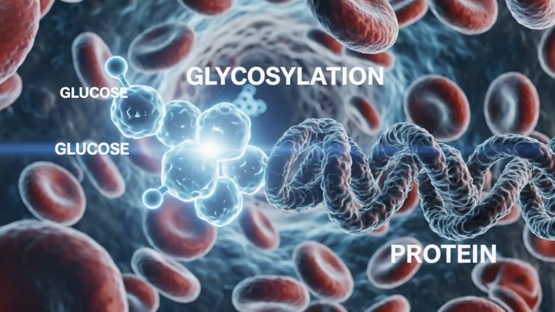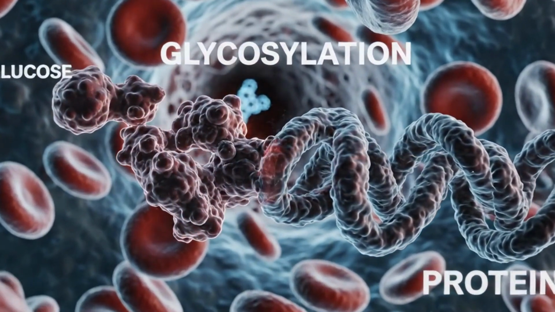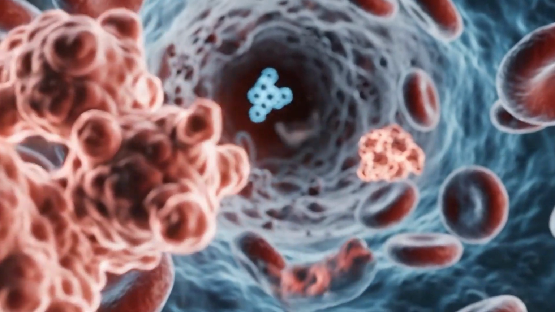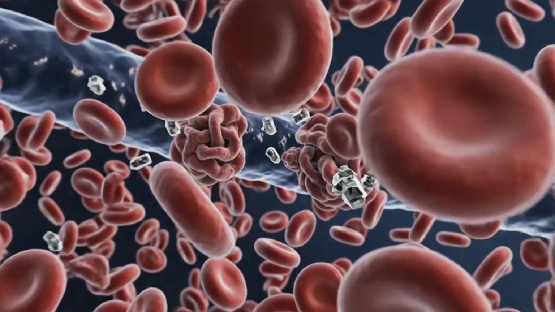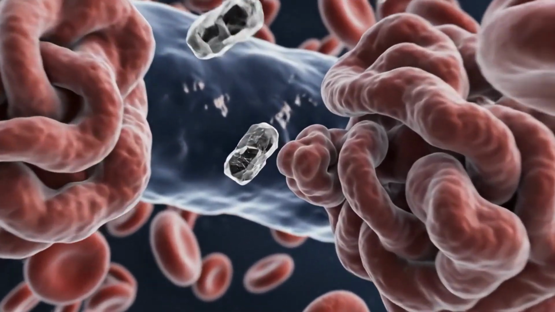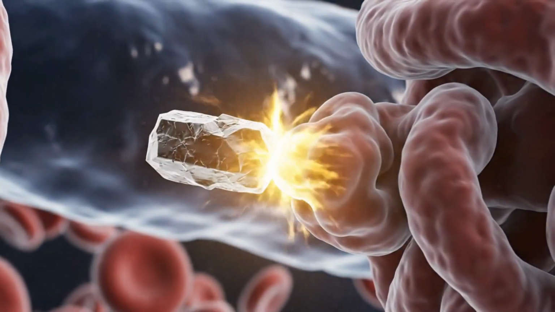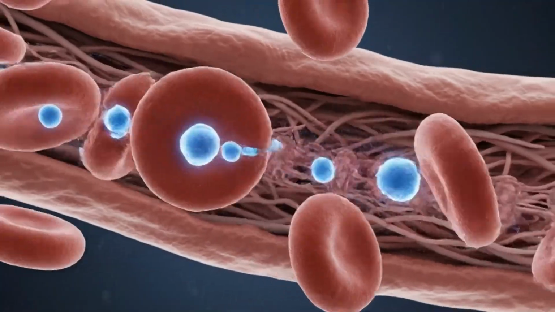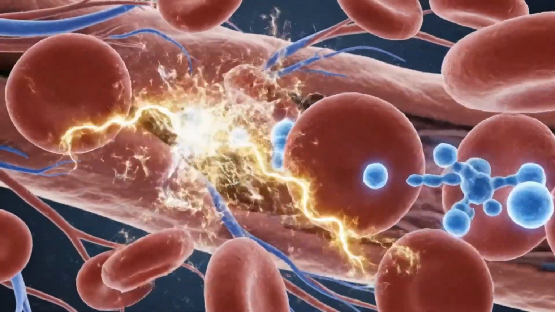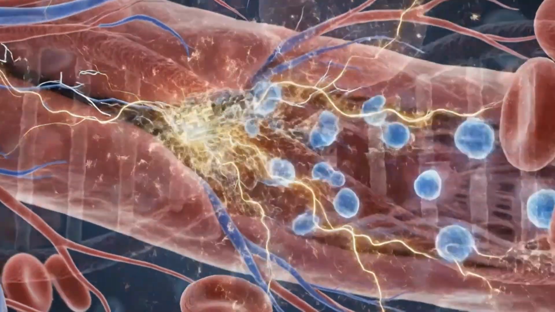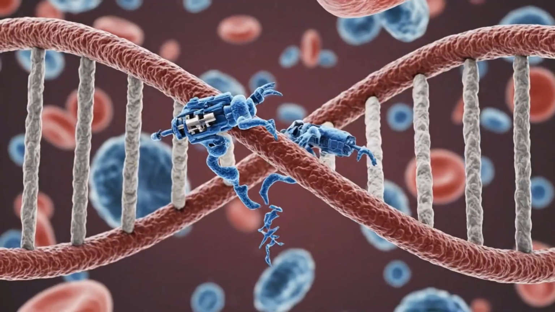At the core of diabetic damage is a biochemical process called glycosylation. This occurs when excess sugar in the bloodstream binds directly to proteins. Proteins are responsible for structure, transport, repair, and communication throughout the body.